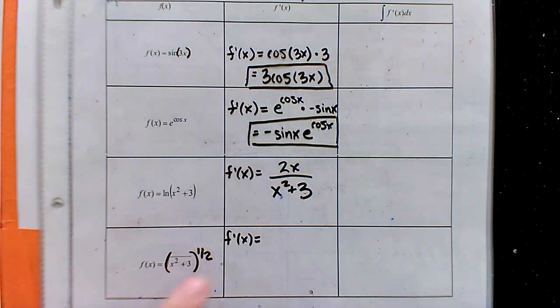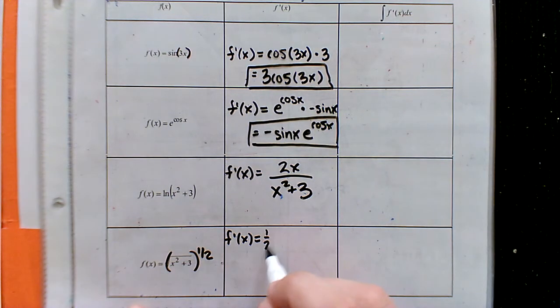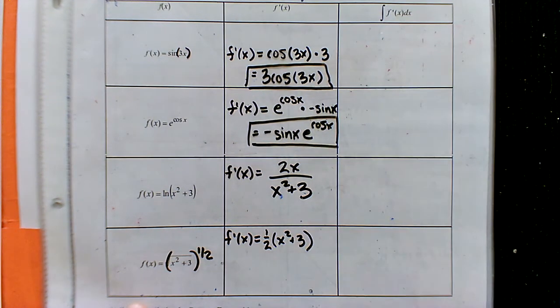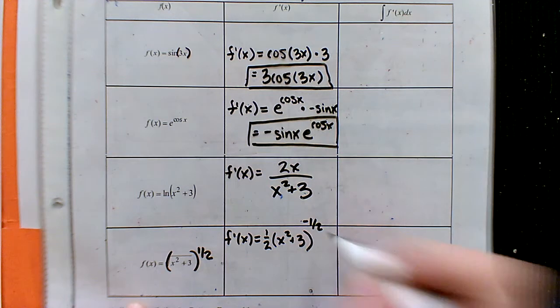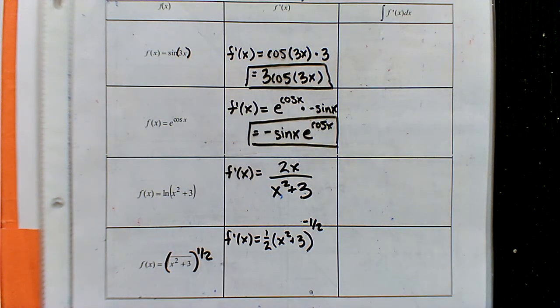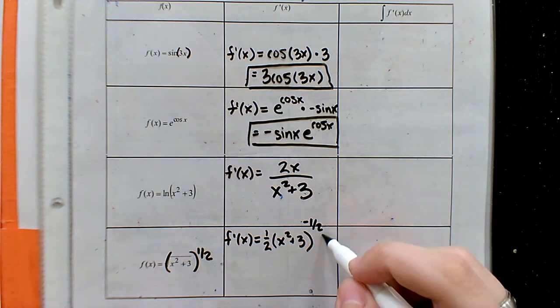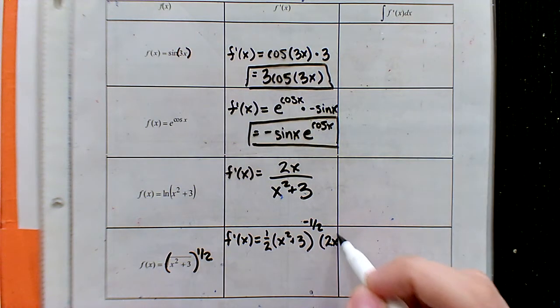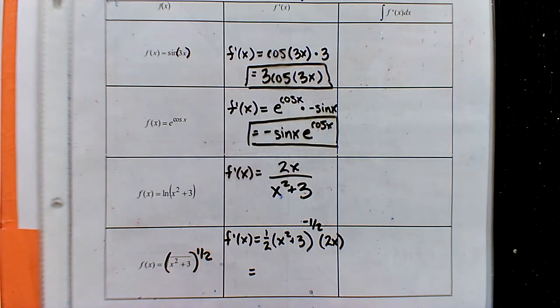So our chain rule, let's bring down the 1/2 power. We'll keep the inside. Our new power would be -1/2. And to finish off the chain, we have to multiply by the derivative of the inside, which would be 2x. Let's clean it up though.